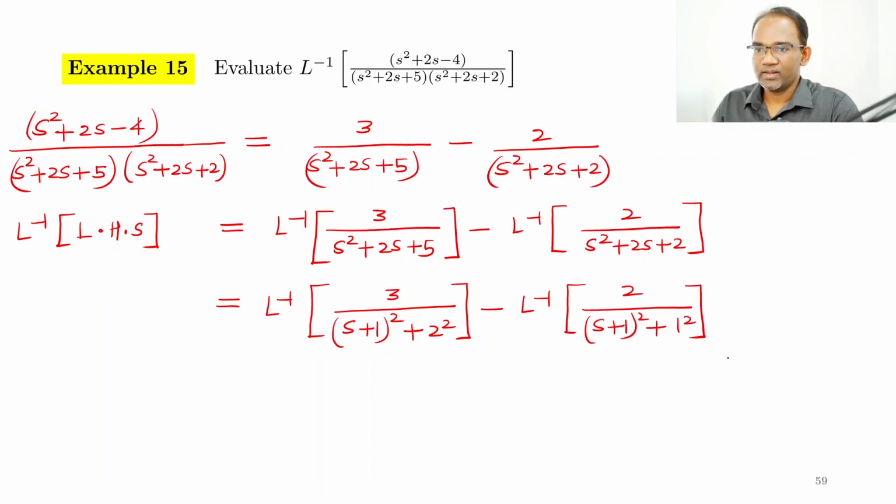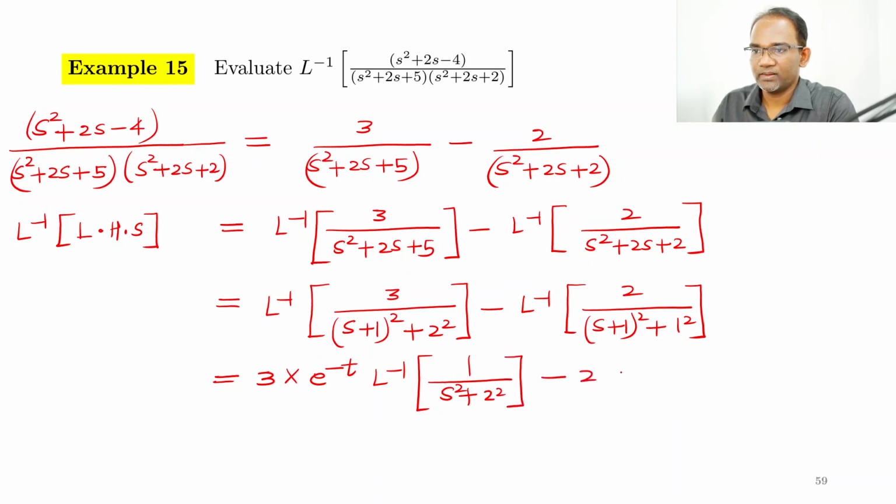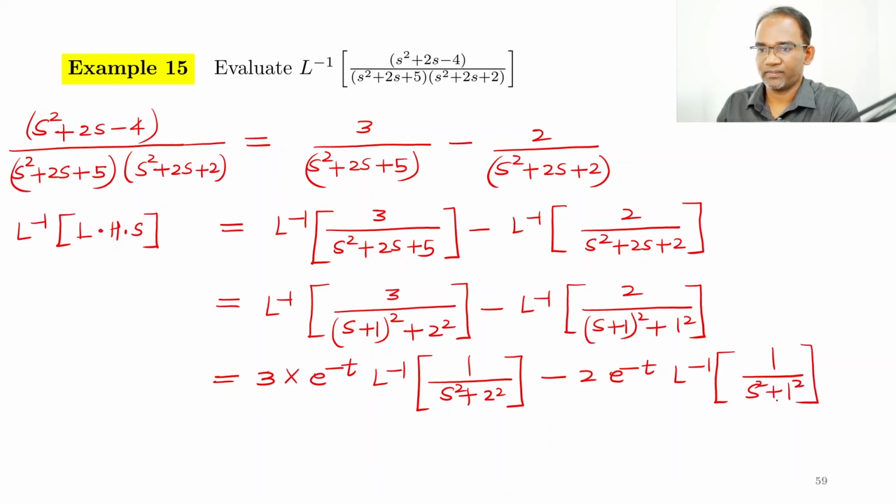And now we are in a position to apply the shift theorem. So we'll take out this 3, and this is e^(−t) multiplied by L inverse of 1 over (s² + 2²), minus 2 times e^(−t) and L inverse of 1 over (s² + 1²).